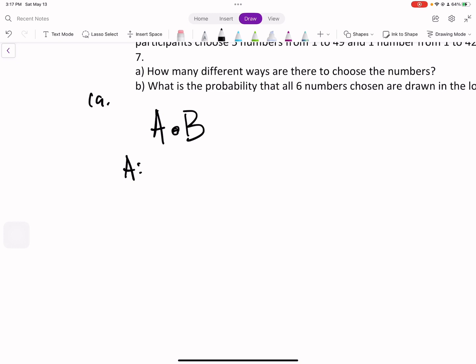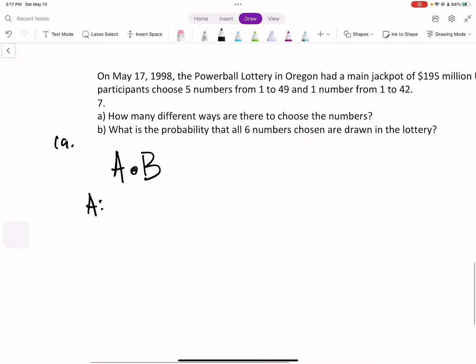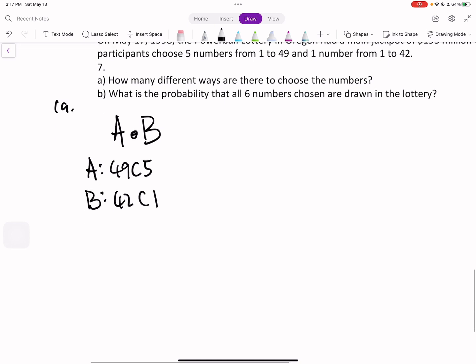So A is randomly choosing 5 numbers from 49. That's basically 49C5. And this times randomly choosing one number from 1 to 42, so that should be 42C1, which is basically 42. So after calculating each of them, we multiply them together.